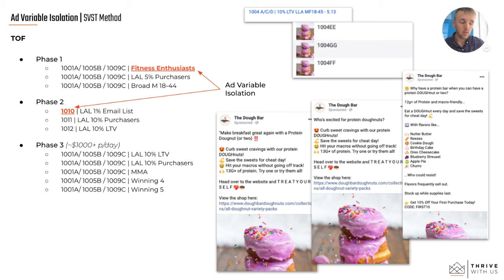And what I would say that I see the most often, when I've audited dozens and dozens of accounts over the last few years, probably hundreds at this point, is that there's a lack of control within the testing environment, and there's a lack of know-how of exactly what to be looking for.